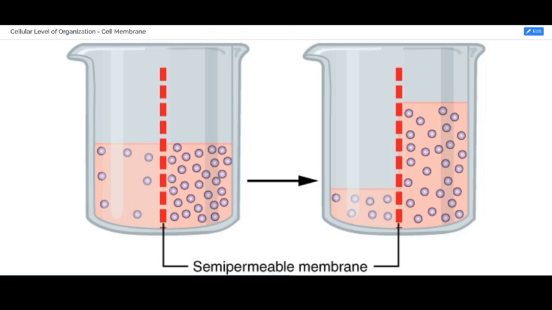These aren't the exact numbers, but imagine that on the right side now in the second beaker, there are 7 glucose molecules in 1 microliter of water. On the left side, there's 28 glucose molecules in 4 microliters of water.